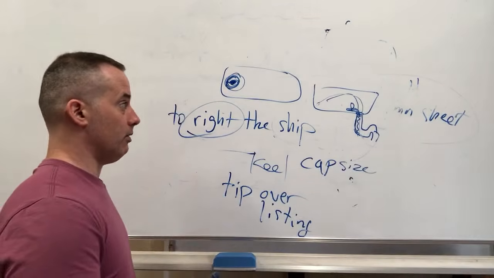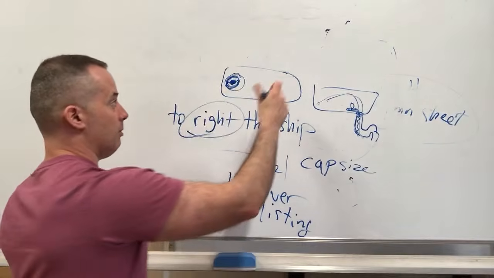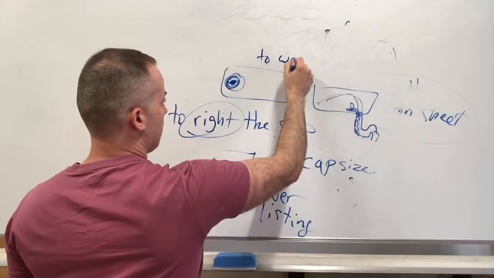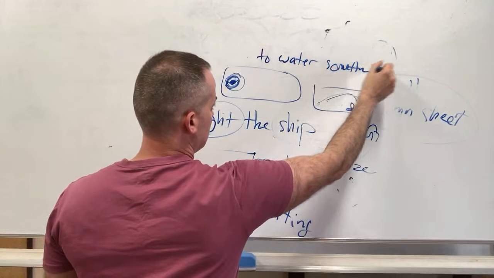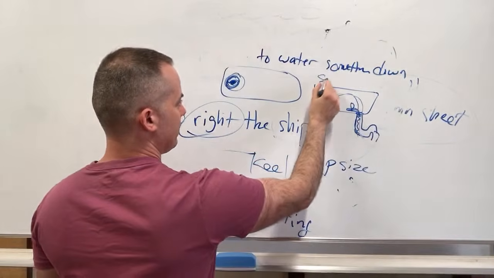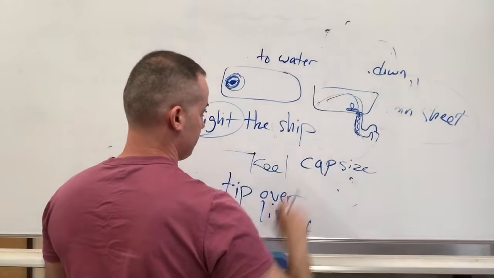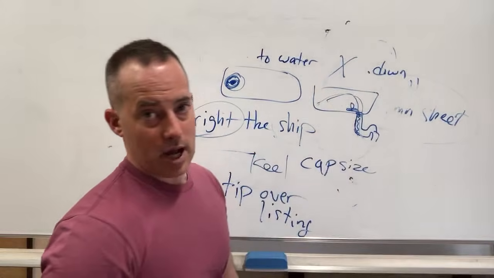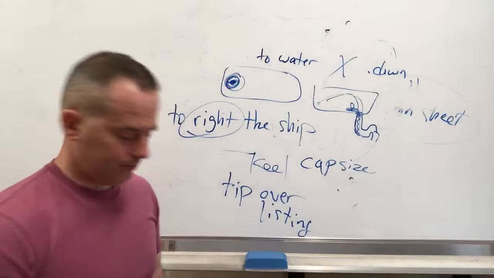Another good expression for you. Look how all these expressions just magically, naturally come up here: to water something down. So this is something, we'll just say X. Easier that way. Part of the reason my writing is bad is because I'm trying to write quickly for people.